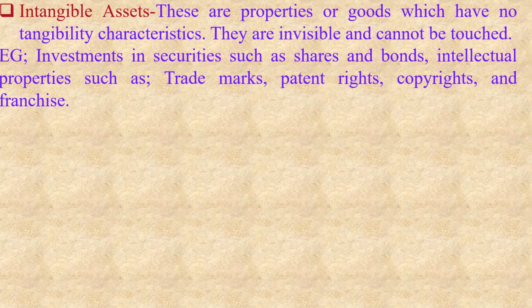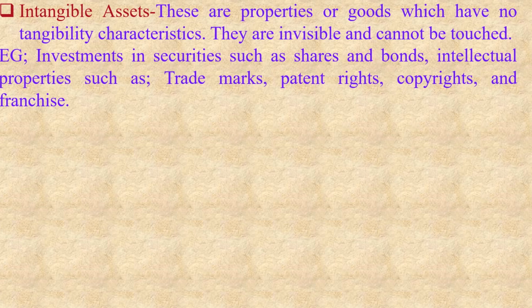So the next item of assets is intangible assets. This is the next main classification of assets, and they are properties or goods which have no tangibility characteristics. They are invisible and cannot be touched.